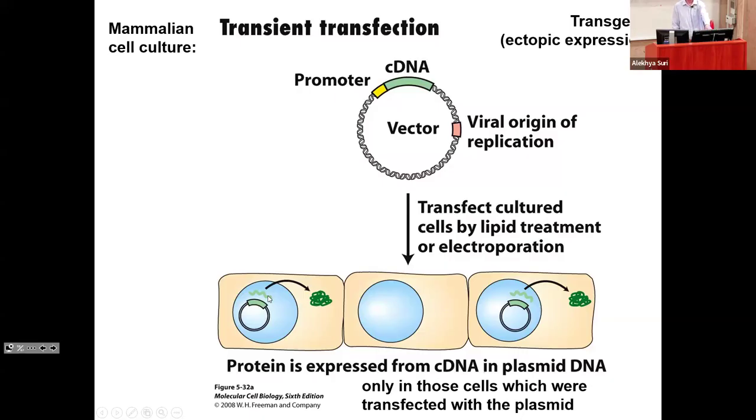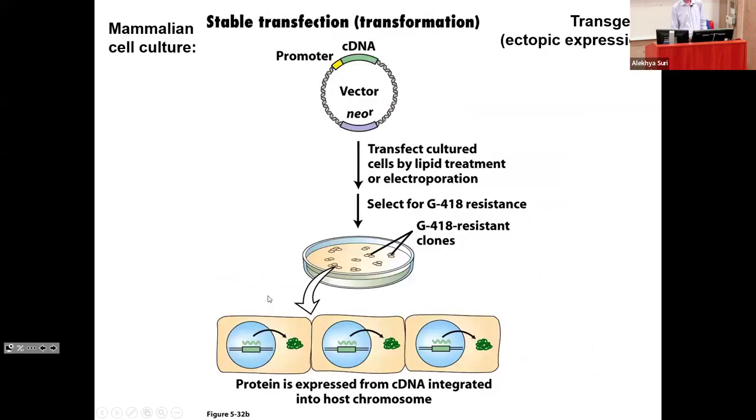So here you have a cDNA that's expressed, and you bring this into just a portion of the cells, not in all cells. In contrast with a method that will maintain the plasmid in all cells, you also need a marker gene, in this case the neomycin resistance gene.